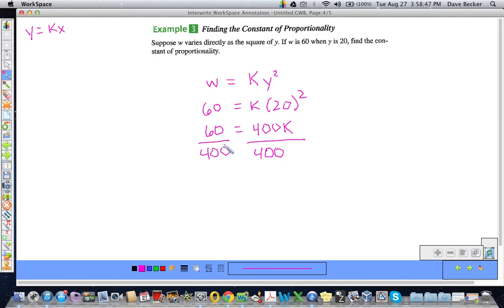Remember, if we're dividing by 10, that becomes a 1. And so that's 6 over 40. The 400 over 400 cancels because 400 over 400 is 1. And we can simplify 6 over 40 to 3 over 20. So that is my constant of proportionality.